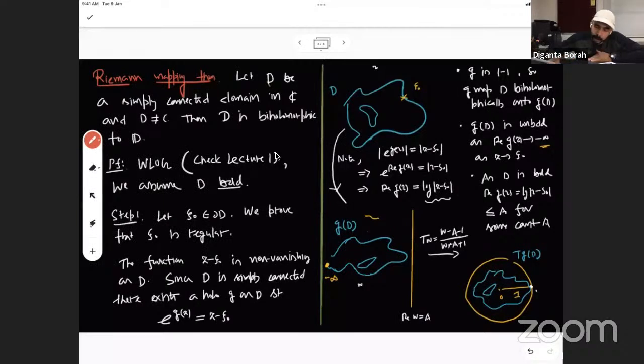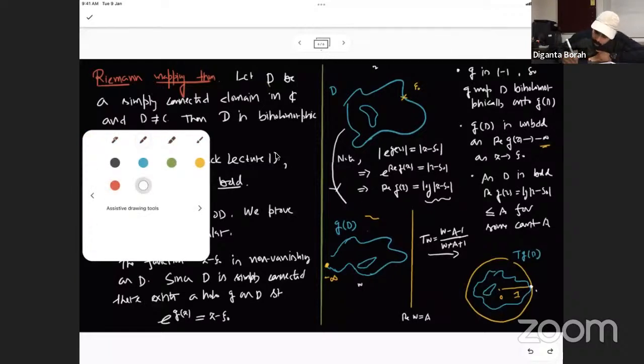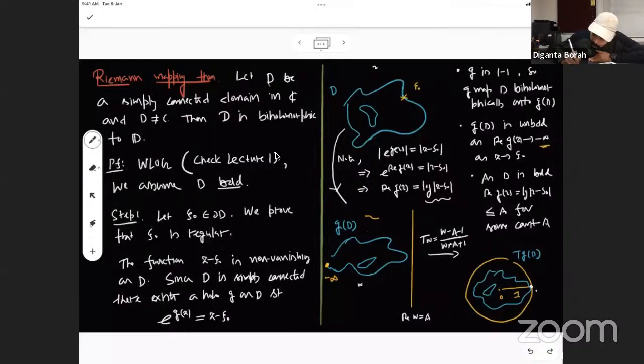So simply you have to look at the real part of, let's call the variable capital W here. If you look at the real part of W minus 1, that gives you a barrier, right? W is basically the composition of all these maps. So this is a barrier.